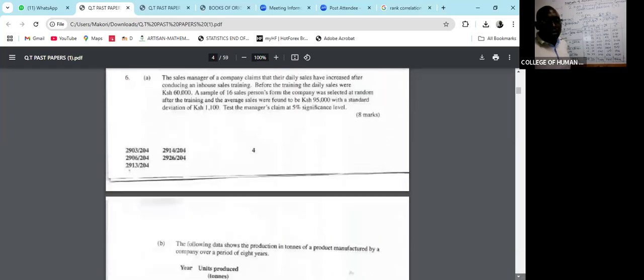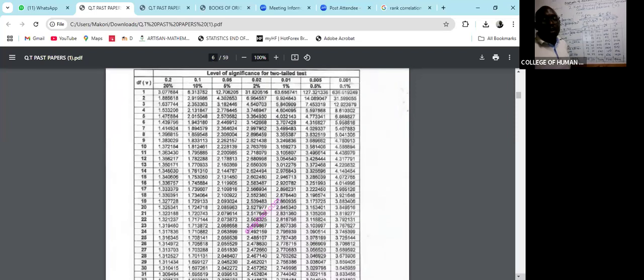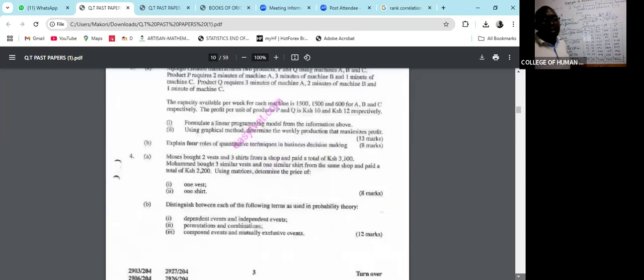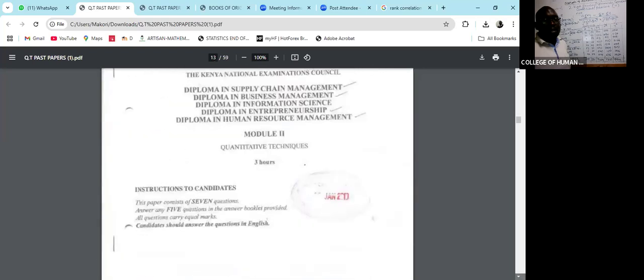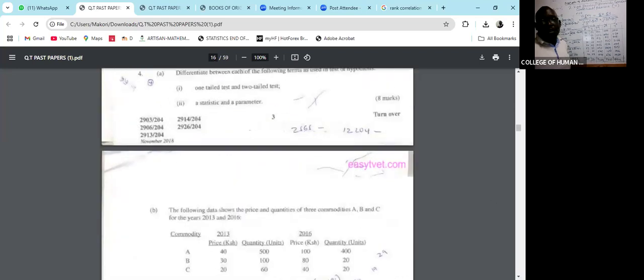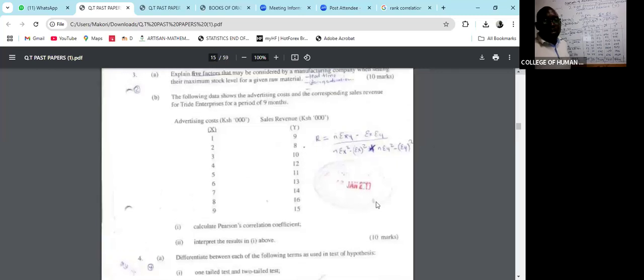I want to look for another one, but this one I'll give you as a homework. There is another one here about the advertising costs and the sales revenue.